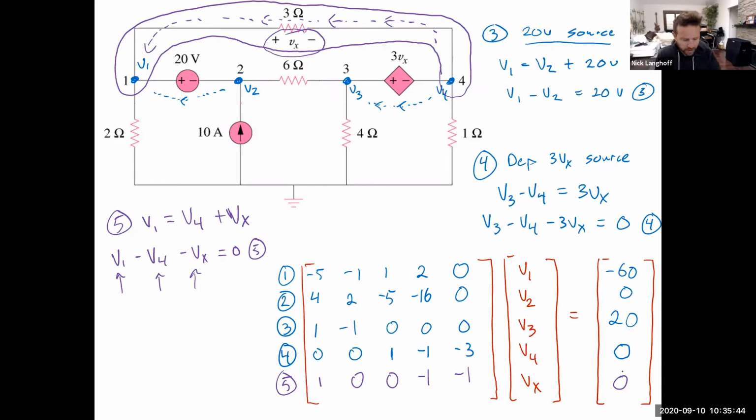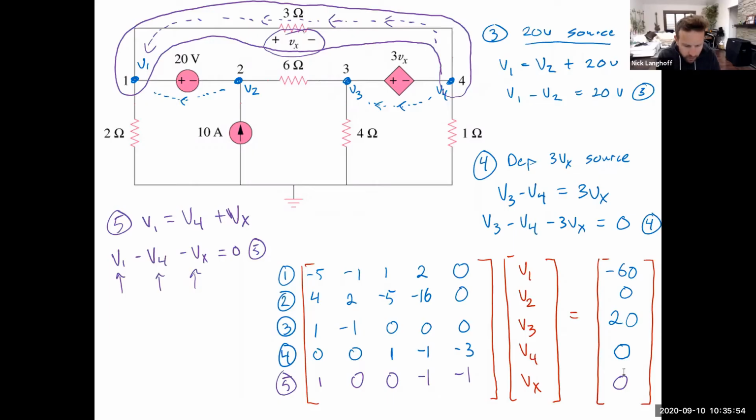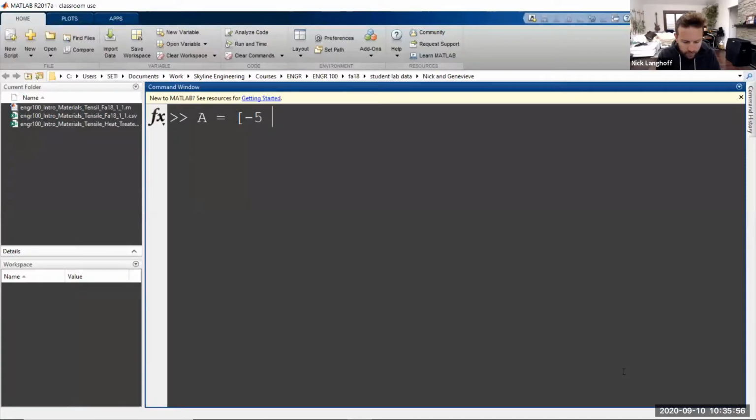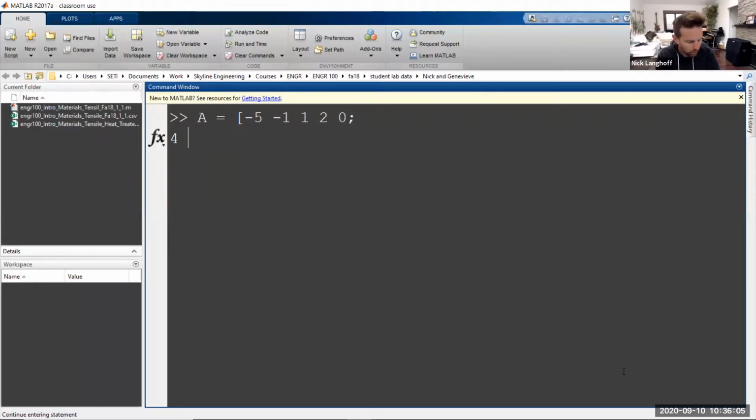So let's go ahead and just solve this real quick. I'm going to clear out the variables. Okay, so A is now, let's put our matrix in. This is minus 5, negative 1, 1, 2, 0. On the next line, it'll be 4, 2, minus 5, minus 16, 0.